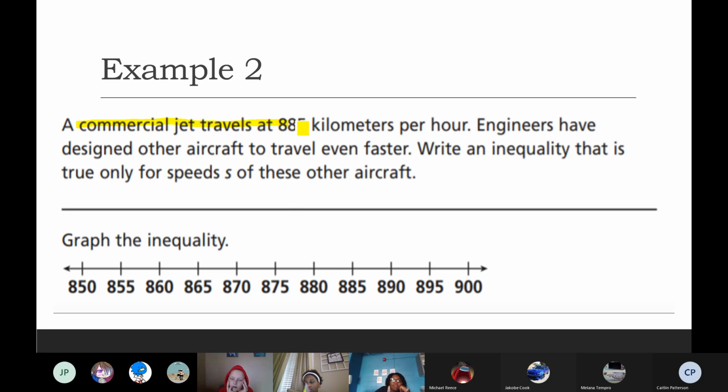I don't want to forget that. Engineers have designed other aircraft to travel even faster. I want to highlight that. That's going to be important. Write an inequality that is true only for speeds S. That's the variable we're going to use for these other aircraft.